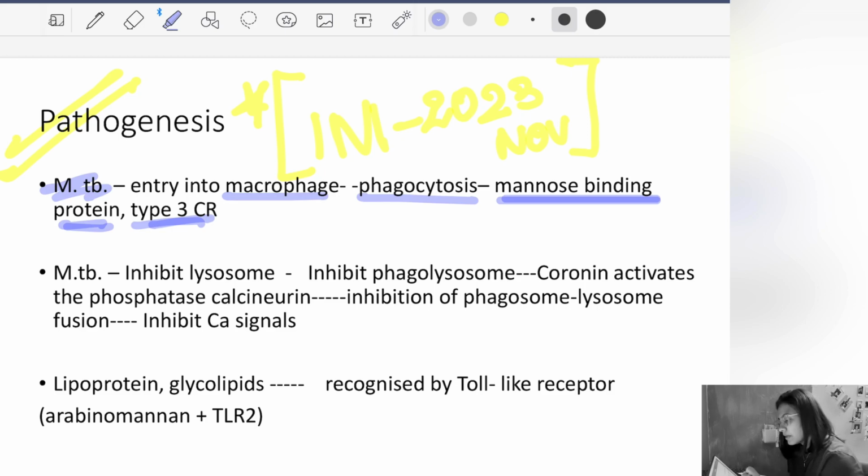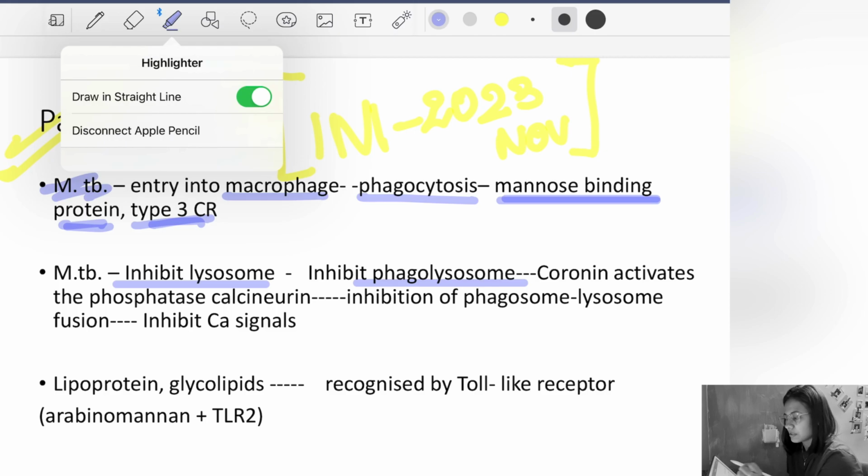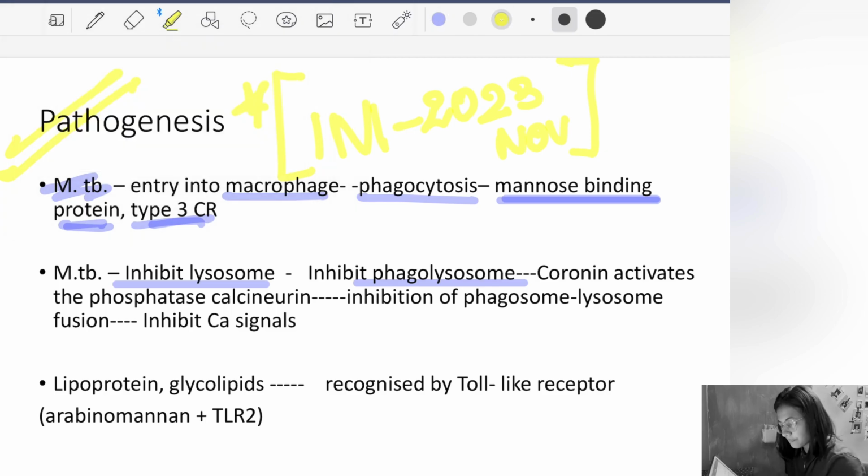After that, what does Mycobacterium tuberculosis do? It inhibits the lysosome, and it inhibits the phagolysosome formation by what? By coronin. So this is important. Coronin is activated, and this coronin activates the phosphatase calcineurin, which causes inhibition of phagolysosome.